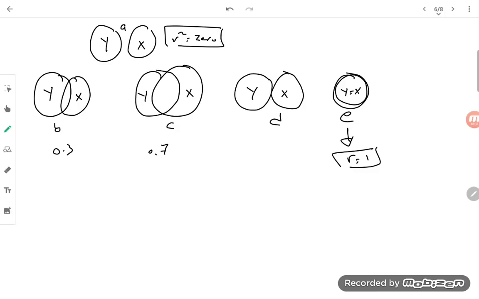This means that x explains 70% of the variation in y, etc. So this means that r squared shows the percentage of the variation in y explained by the model.